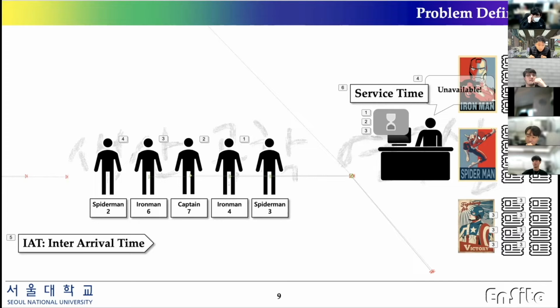Also, when the relevant movie that the customer wants to buy is sold out, all people waiting to buy a ticket for that movie will renege. It means that the customer will leave the waiting queue.